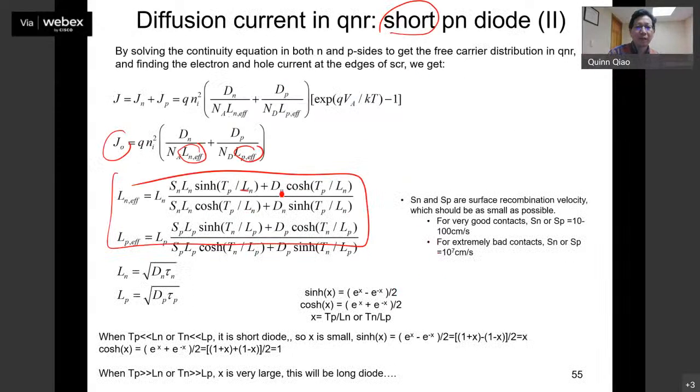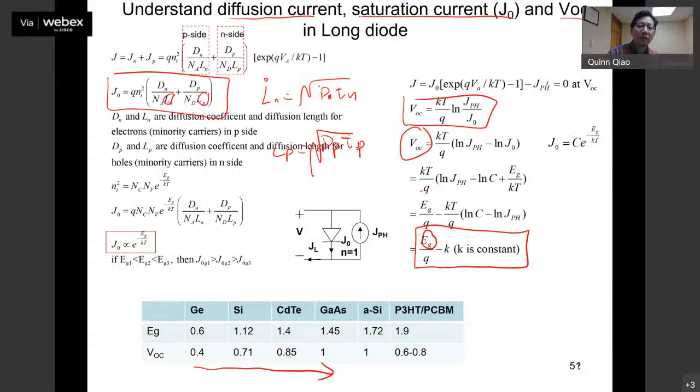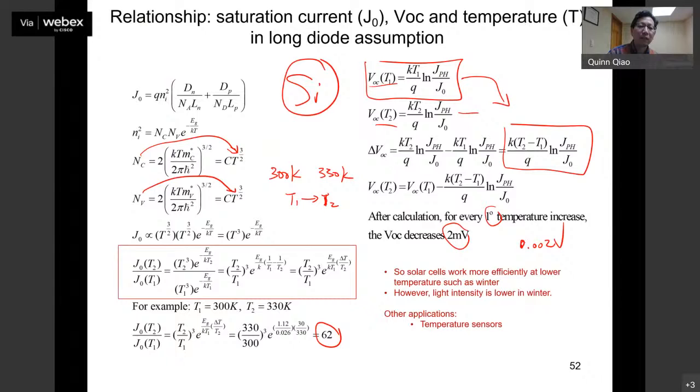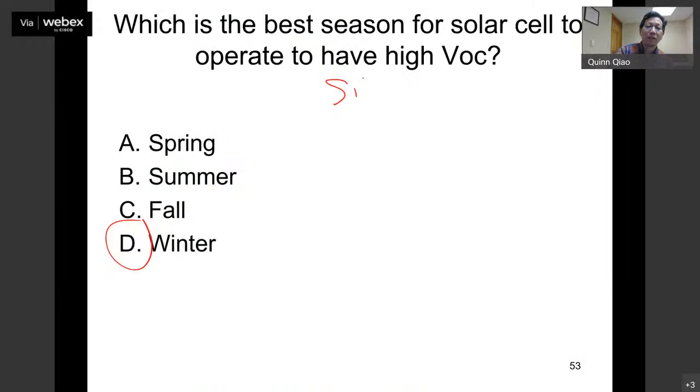I should go back a little bit because we need to figure out ni squared, right? We want to see the q over kT. You see here Eg over kT. That's 1 kT, not 2kT, okay.